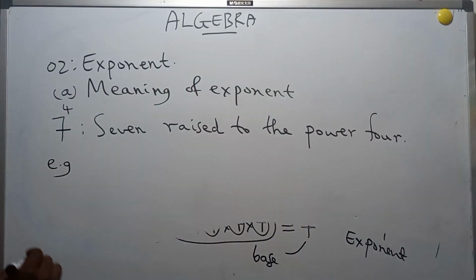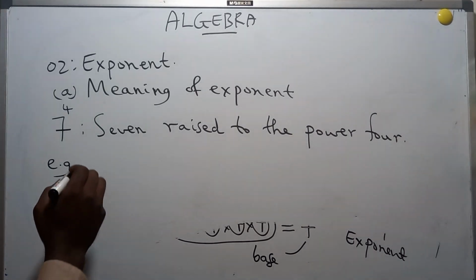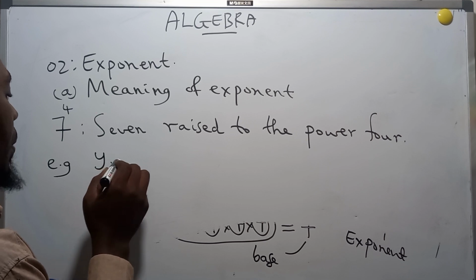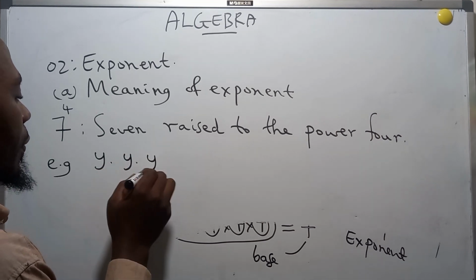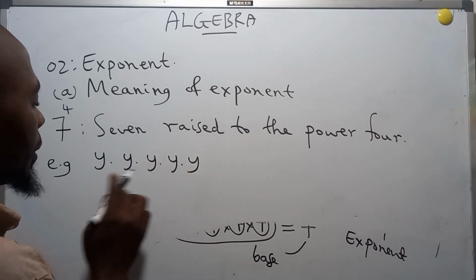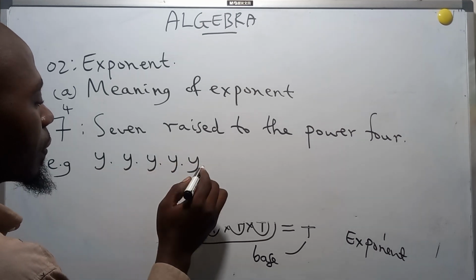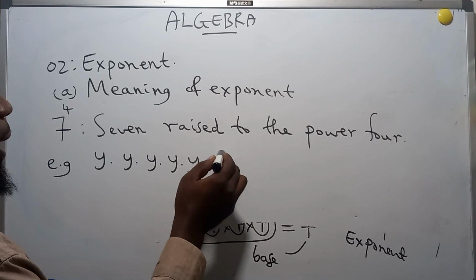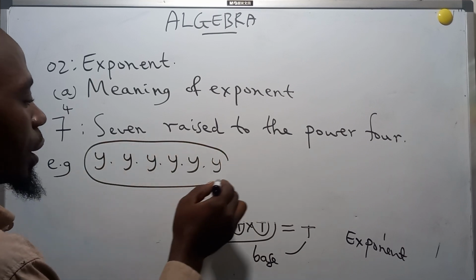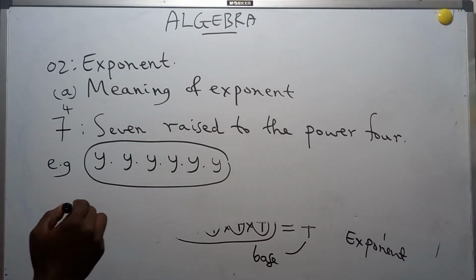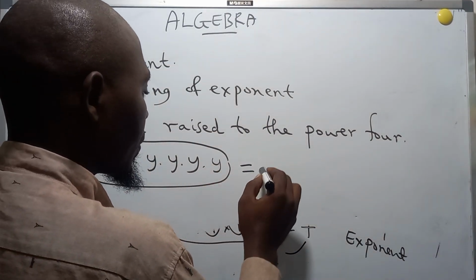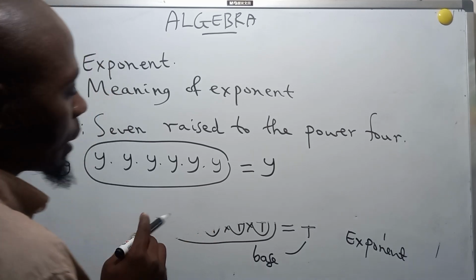Another example. A variable y is being multiplied by itself 6 times: 1, 2, 3, 4, 5, 6. As well, I can write this expression in a short form with help of exponent as y.